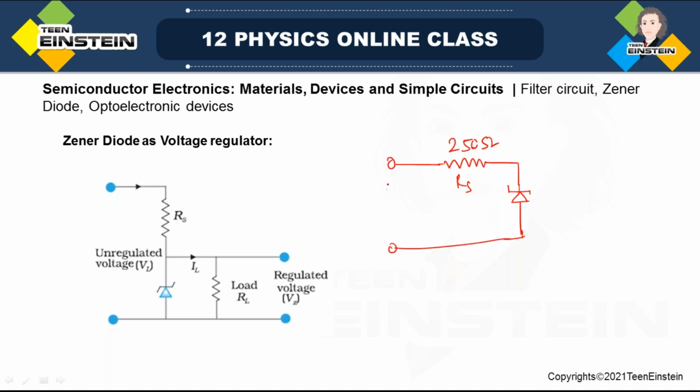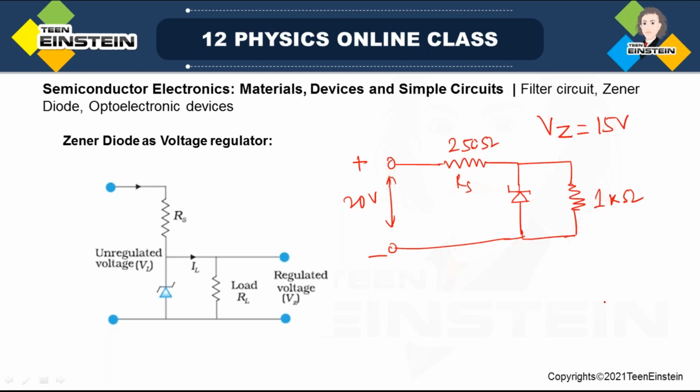Suppose the Zener diode has breakdown voltage Vz as 15 volt, and this unregulated voltage is 20 volt. Now the load resistance is 1 kilo ohm.